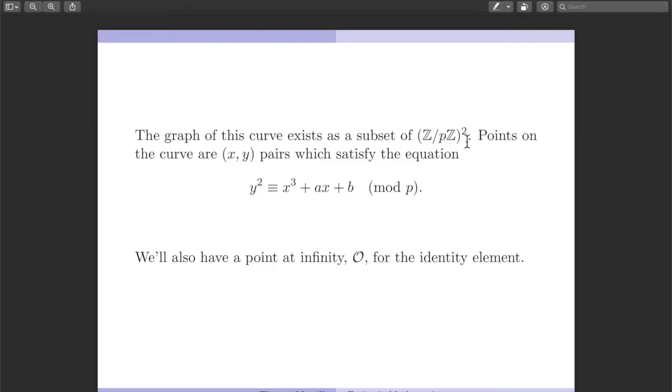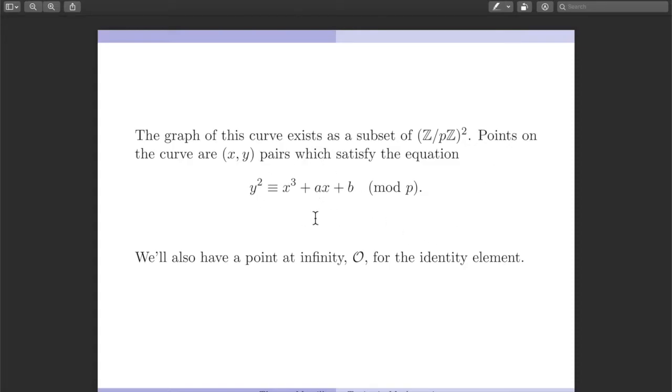So this set here, the containing set, consists of all possible x and y pairs, where both x and y are integers mod p. Points that belong to the curve are those xy pairs whose coordinates satisfy the elliptic curve equation.